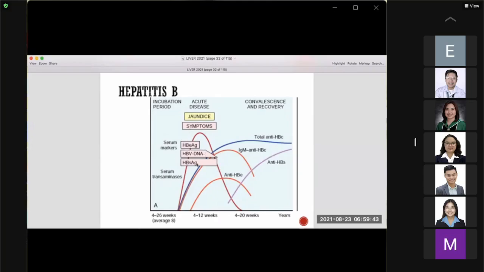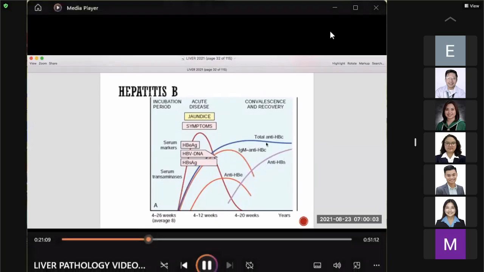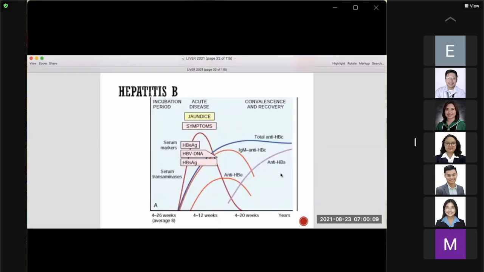As we have mentioned a while ago, we have the HBs antigen, and we can determine HBV DNA specifically. We have the HBe antigen and the different antibodies that are formed. This period is the convalescence and recovery period. It can occur in weeks to years, depending on the other profiles of the patient.